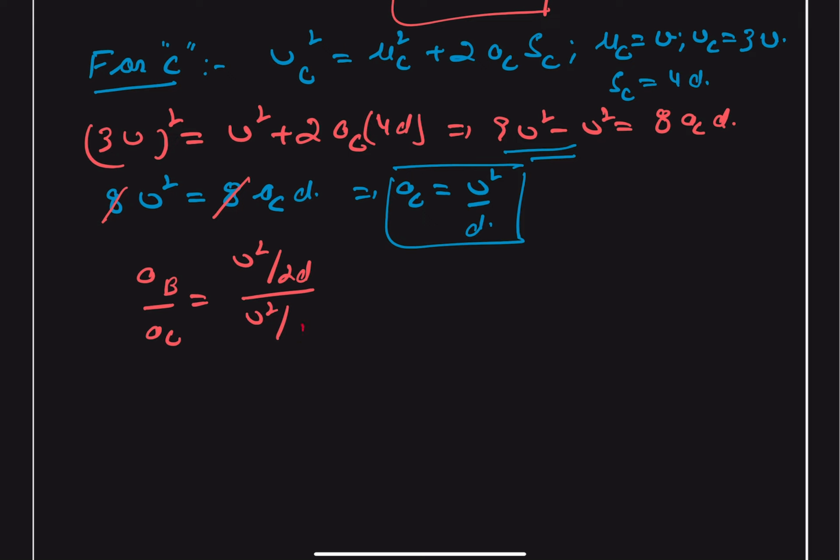This gives us that AC is equal to twice of AB. So we got the relationship between the acceleration of block C and the acceleration of block B.